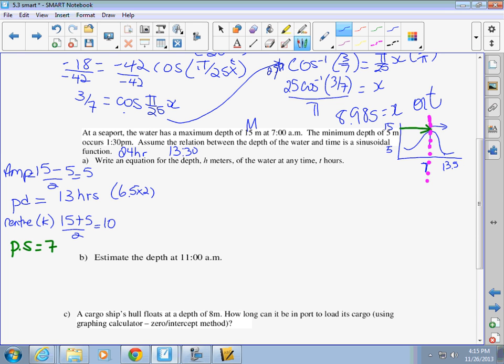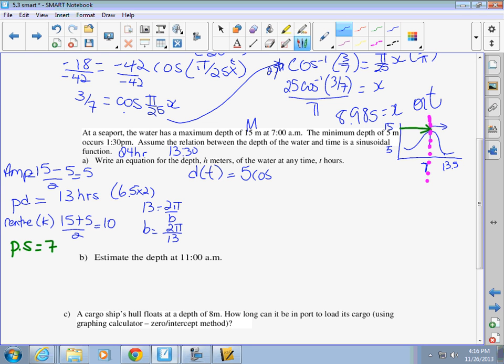So knowing we have a cos function, we're writing distance as a function of time, where our a value, our amplitude, was 5, cos. Our period was equal to 13. So that means 13 is equal to 2 pi over b. So b is equal to 2 pi over 13.